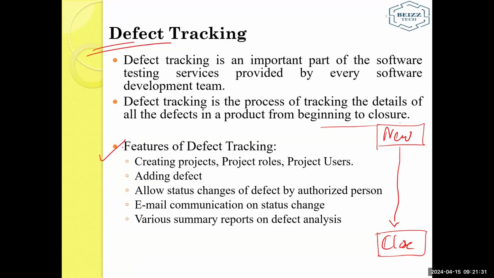And what are the features, guys? Definitely, while tracking the defect, first of all, you need to understand what project it is, the project roles, the project's different users, right? We have to add the defect. Then we have to allow status change of the defect by an authorized person. Then we have email communication and then various summary reports of that defect analysis we can generate.